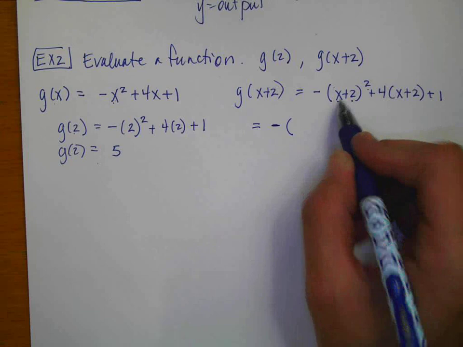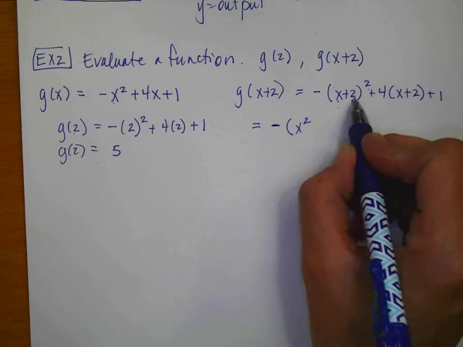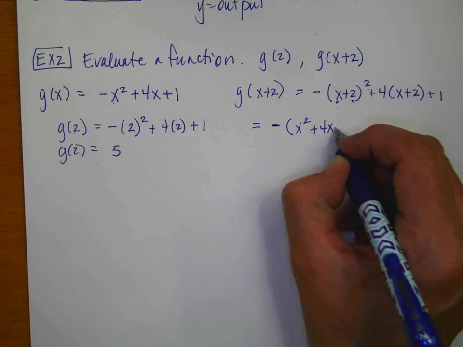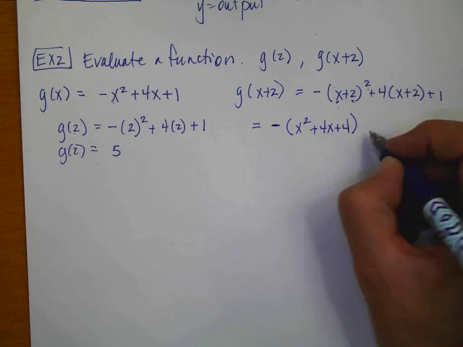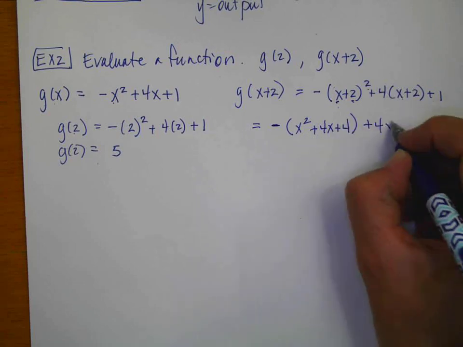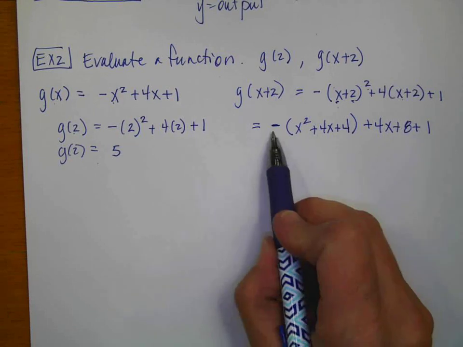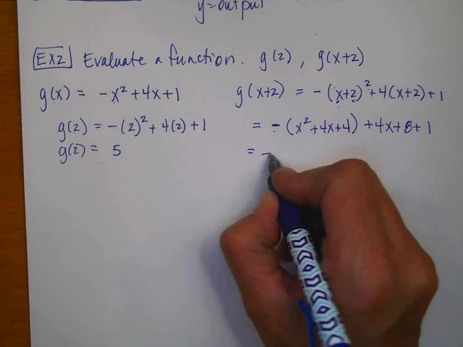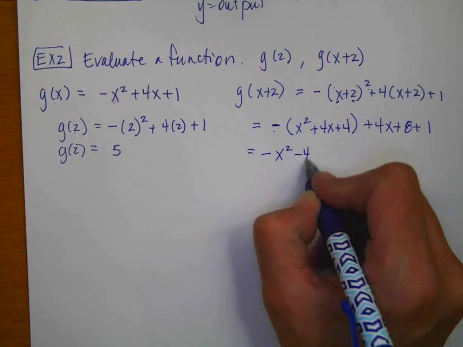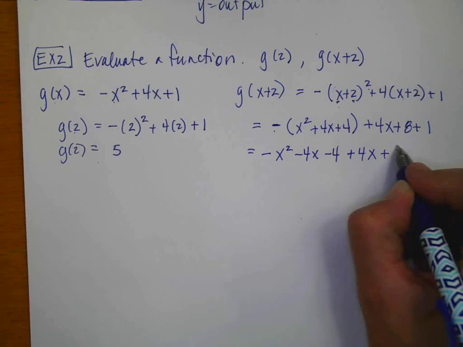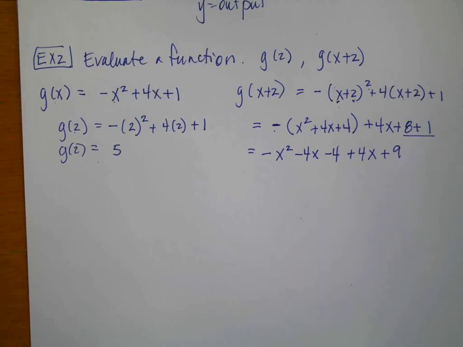If I expand a binomial, I square the first term, multiply those two together and double it, plus 4, square the last term. Distribute here: 4x plus 8 plus 1. Now I'm going to distribute the negative, so this is negative x squared minus 4x minus 4, plus 4x plus 9.